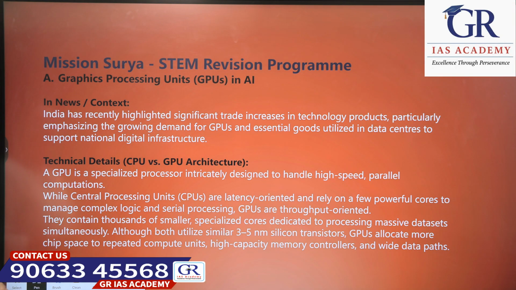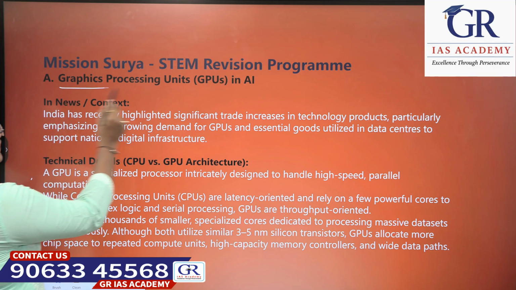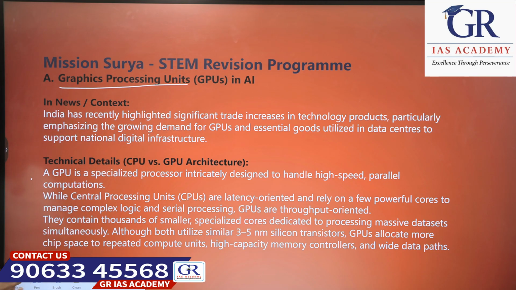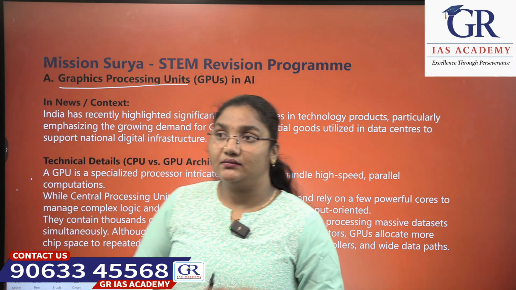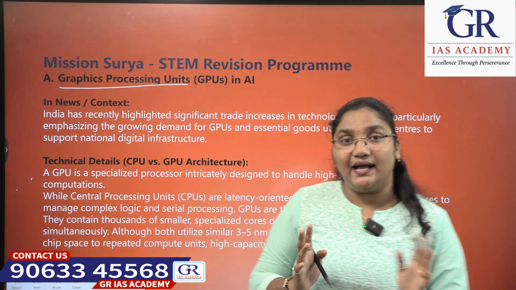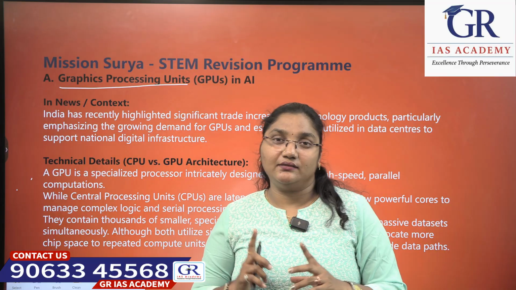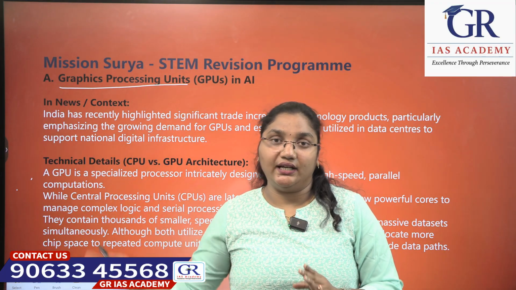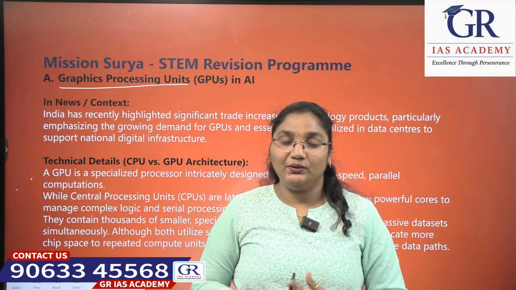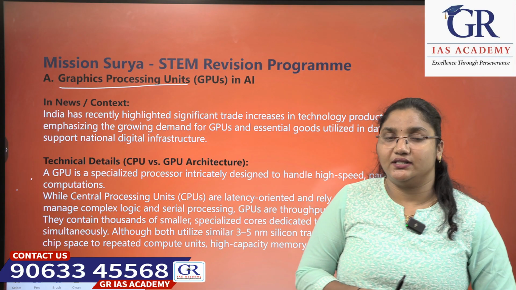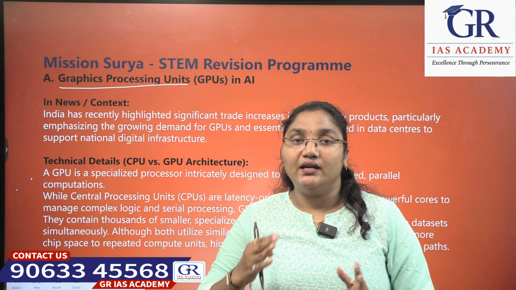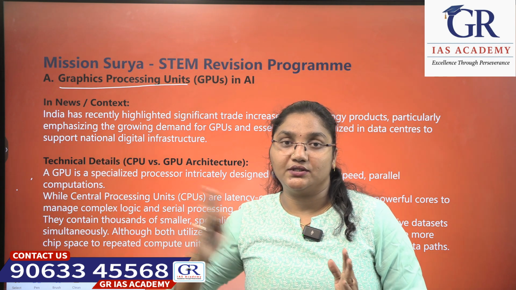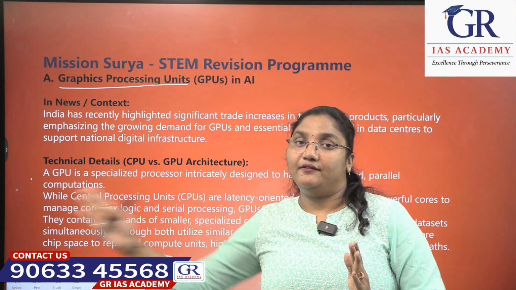The first topic for today is graphics processing units, GPUs in AI. Let us imagine solving millions of math problems in sequential form, one after the other. This is what a CPU does. Basically we know, right, central processing units. If we give 100 math problems to a CPU, it will solve them one by one.